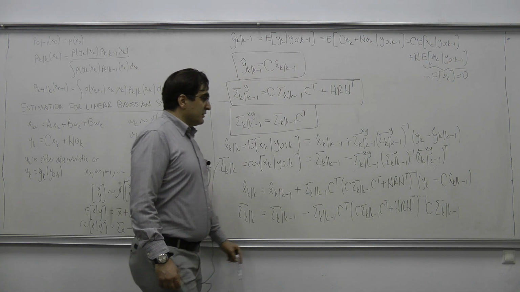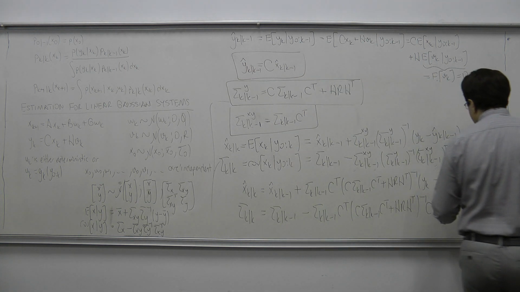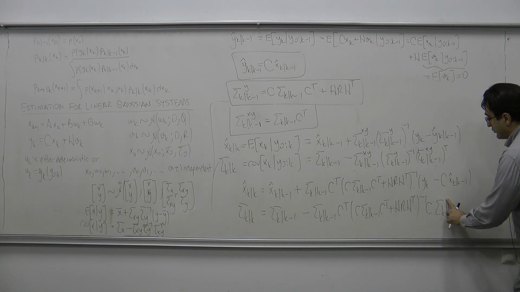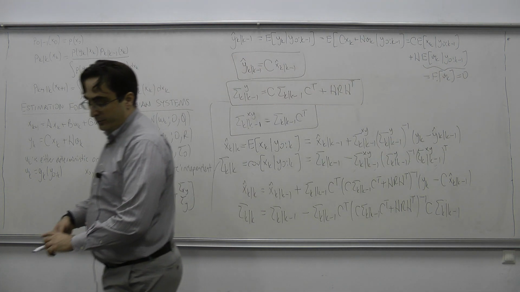Here I'm not taking the transpose, so I do not write sigma k given k minus 1 transpose here. Okay? Because we know that this matrix has to be symmetric, which means its transpose is itself. Therefore, I don't write those transposes here.